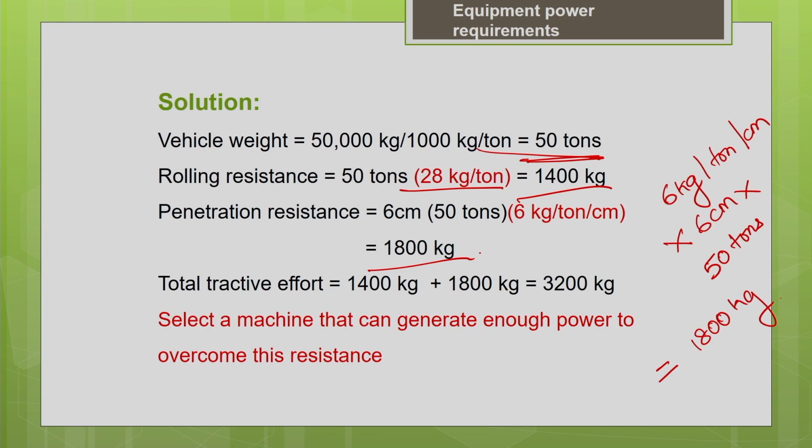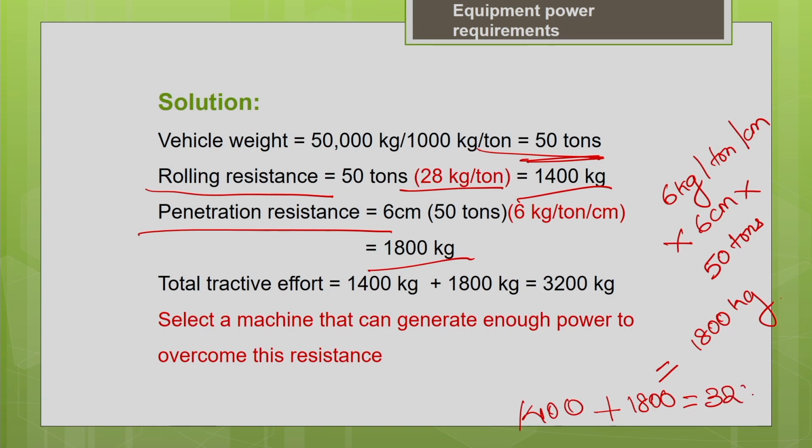Now, you can find the total resistance by adding your total rolling resistance and the penetration resistance. It is your 1400 kg plus 1800 kg. That gives me the answer of 3200 kg as the total resistance. So, I need a tractive effort of at least 3200 kg to overcome this resistance in my project site.